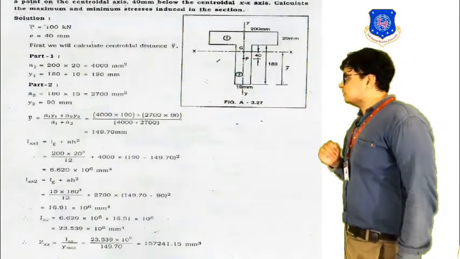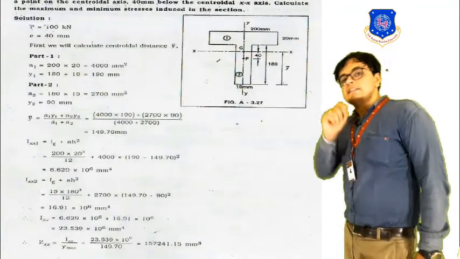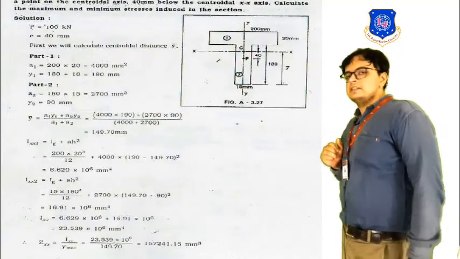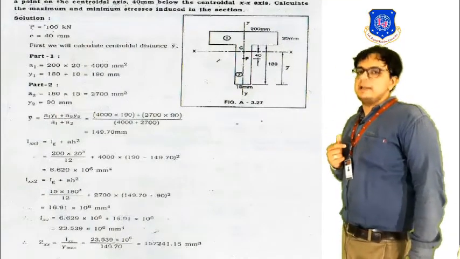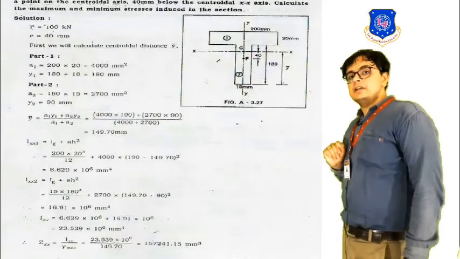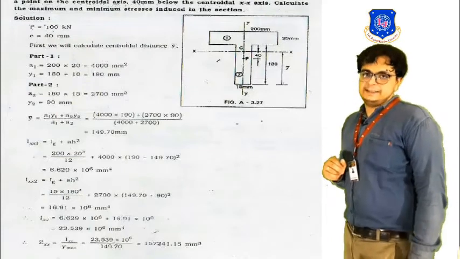If only an axial load were acting at the centroidal section, then we could find the stress by just the formula P by A, which is nothing but a compressive stress. But over here we have the load at some eccentricity with respect to the centroidal axis.